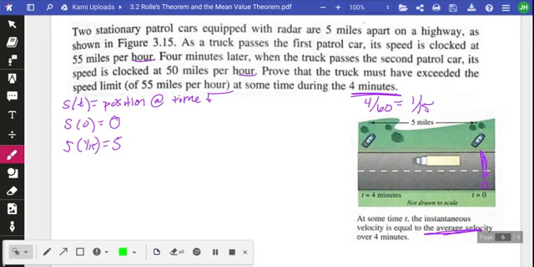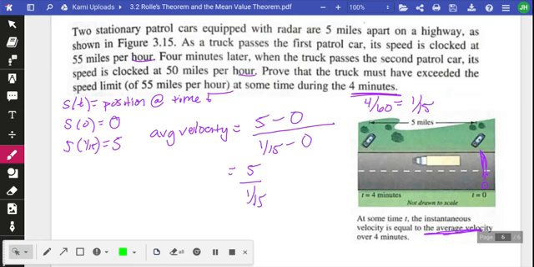Think of average velocity as f of b minus f of a over b minus a, which we used in the mean value theorem. So for my average velocity, we do my output minus my output over my input minus my input, so that I get 5 over 1/15.